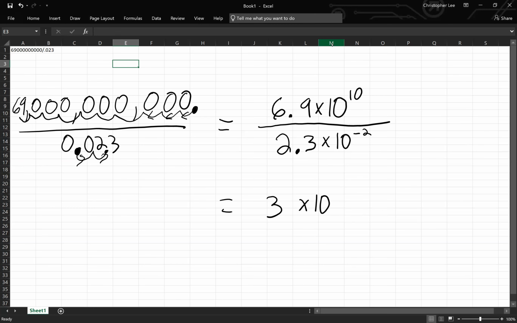Remember, whenever I'm dividing exponents, I subtract: top minus bottom. So 10 minus negative 2, and a negative times a negative is a positive. So my final answer is 3 times 10 to the 12th power.